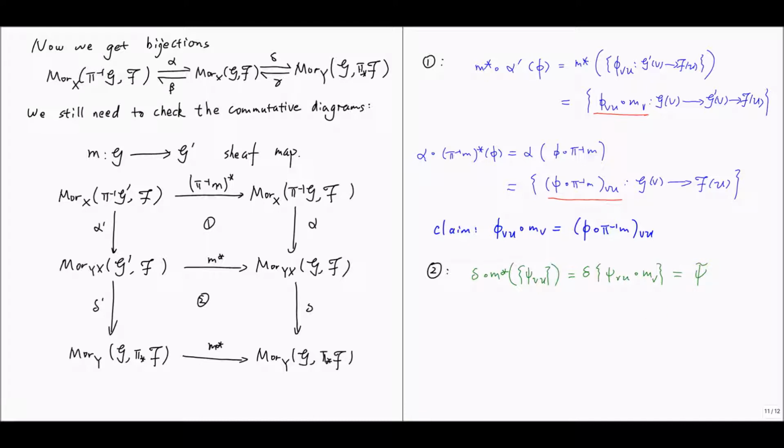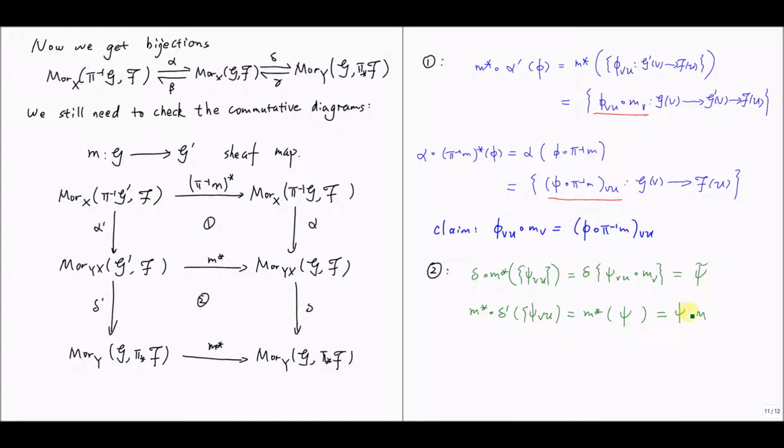And now let's apply those two maps to this collection. This delta prime of psi sub Vu will give us a sheaf map psi. And this is equal to psi composed with M on the right.